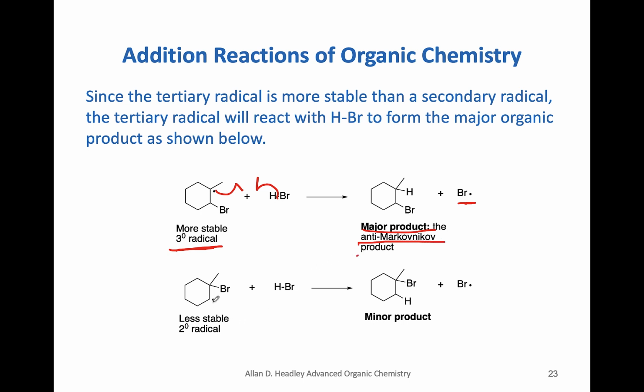The other radical here reacts here to form this bond here, and a bromine radical. This is the minor product. So you can imagine this is the major product because this is a more stable radical, and the more stable radical will form in the majority, which will give the major product.